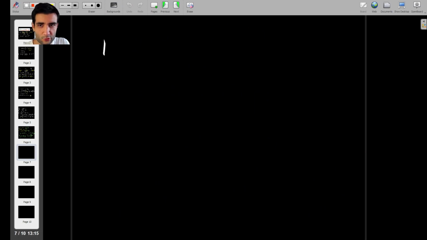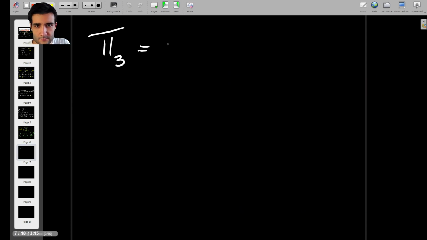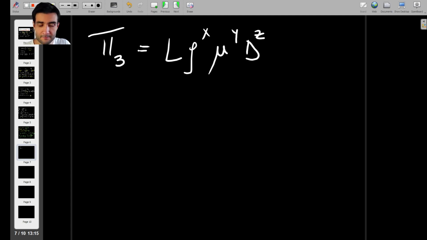Now the third pi group, I'll just take a shortcut to do it. So let's first write it in the proper way, which is like this. So we have L, rho to the x, mu to the y, and then diameter to the power z. Now, there's an easy way to see what should be done here, and you know for a fact that length is to the power 1.